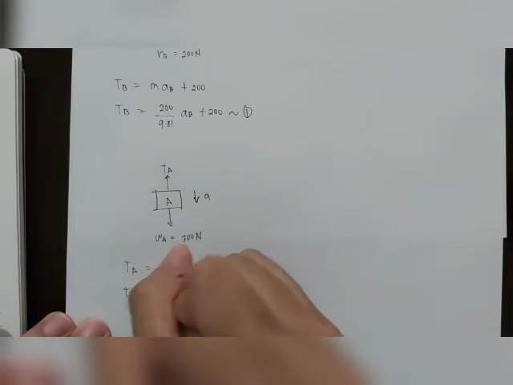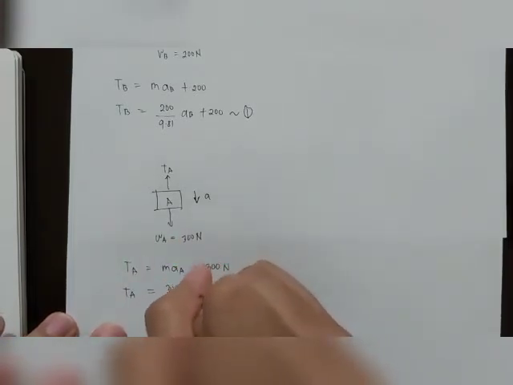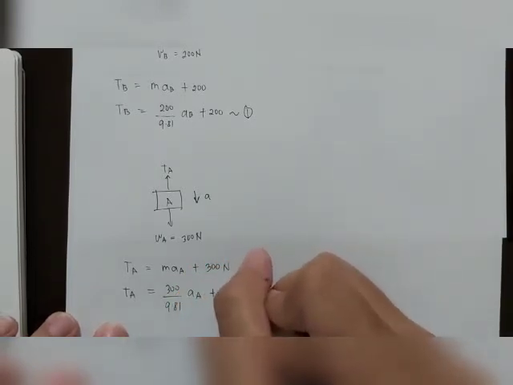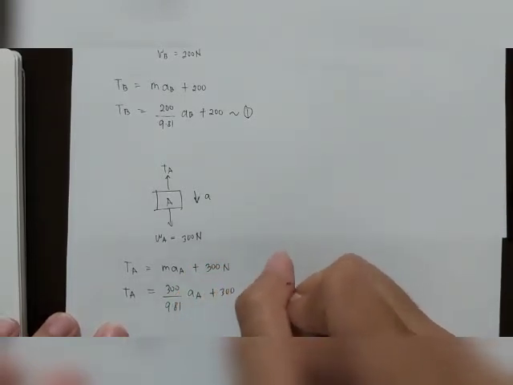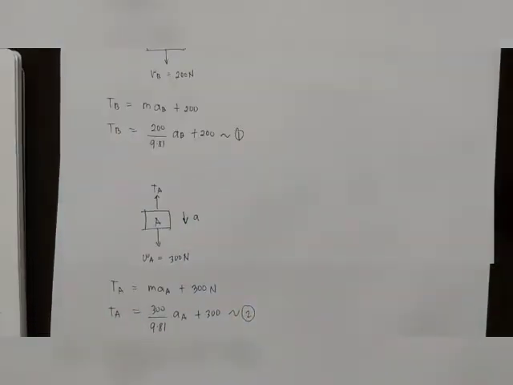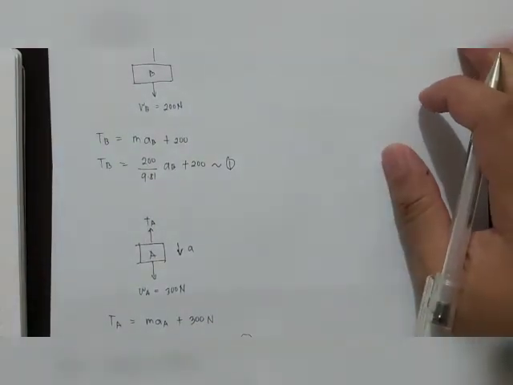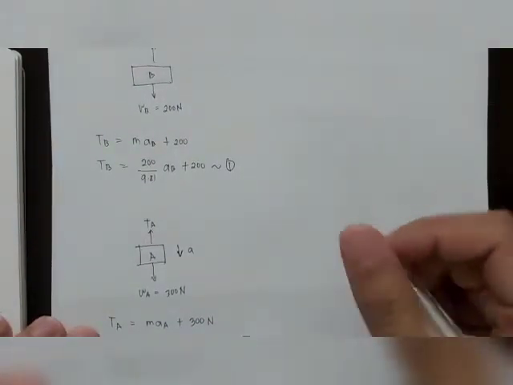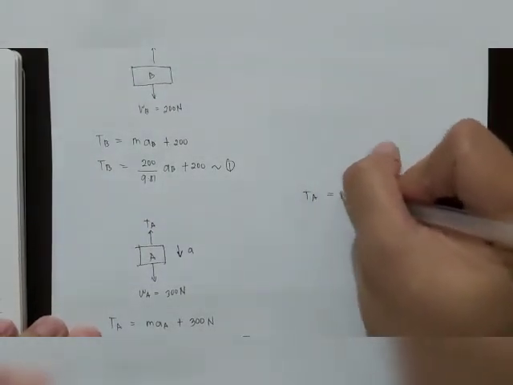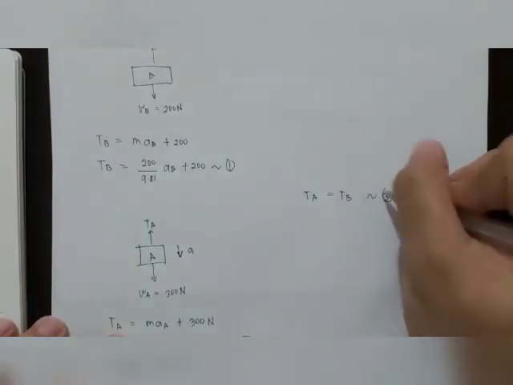It is equal to the mass, which is 300 all over 9.81, which is the gravity, times the acceleration A plus 300. So this will be our equation 2. So since ang problem natin is weightless and frictionless, tension A natin, then tension B is equal. So we have our equation 3 here.